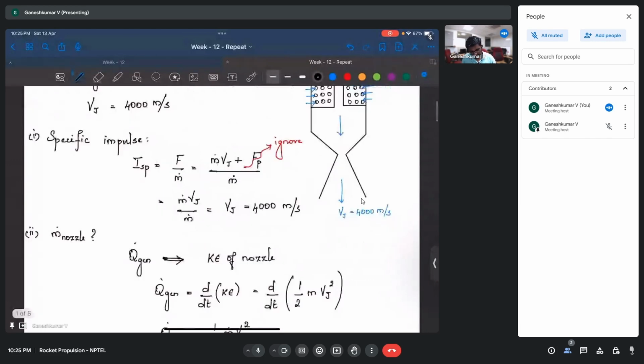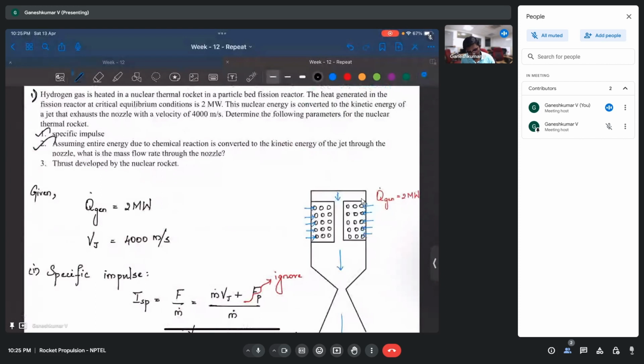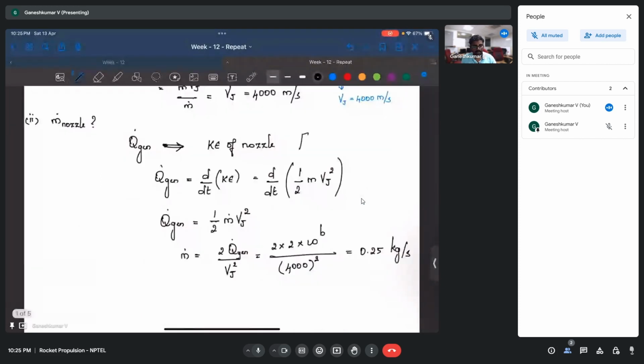Basically what we did is energy conservation. Whatever energy is given by the nuclear reactor is used for converting it to kinetic energy in the nozzle. In addition, we assume there is no heat loss to the surroundings and no irreversibility.